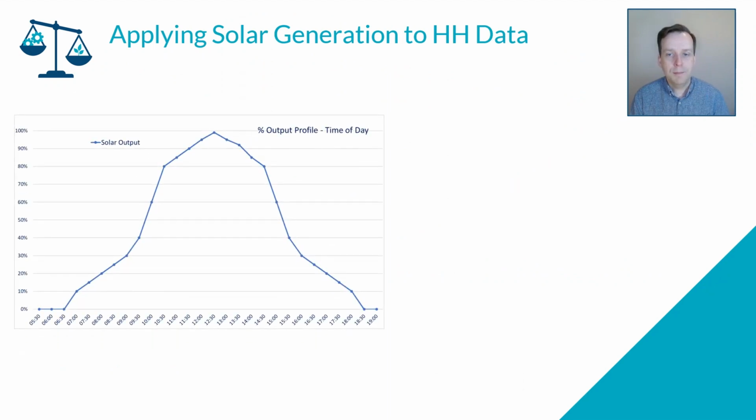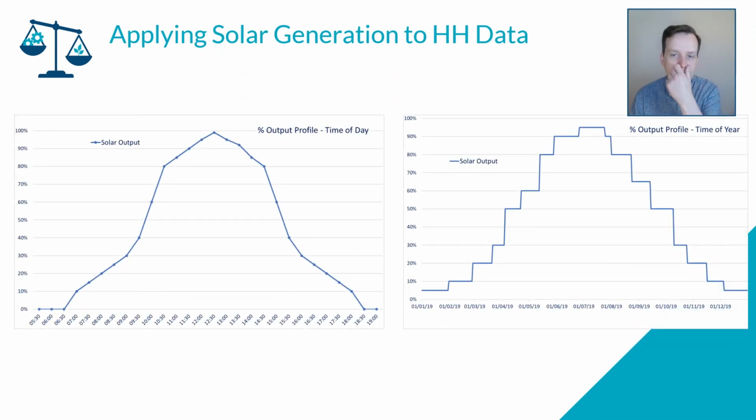So a little bit more detail on how those graphs were generated. We have a typical time of day profile. So we start at 5:30, 6:30, we begin to generate some solar to a maximum peak at midday, and then it obviously tails off where we drop off by 18:30.